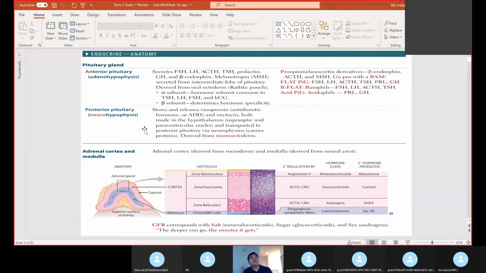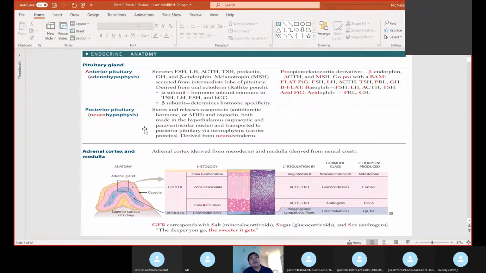And then how are they going to be stored in your neurohypophysis? What protein transfers them from the hypothalamus to your posterior pituitary? Anyone? Neurophysins? Excellent. High yield, neurophysins. These are your carrier proteins, right?